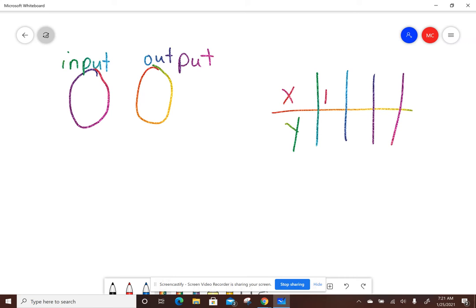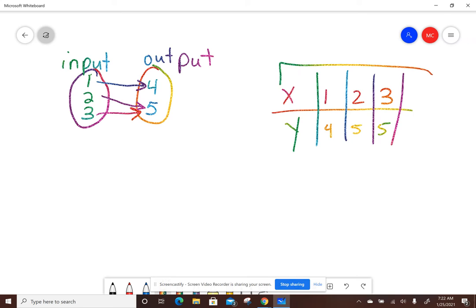I have input 1, 2, 3. My output is 4, 5, 5. Okay, so my domain would be 1, 2, 3. My range would be 4, 5. To put this into a mapping, I write 1, 2, 3, and my output, I have a 4 and a 5. So 1 maps to 4, 2 maps to 5, and 3 maps to 5. And that's how I represent this input-output table in mapping.